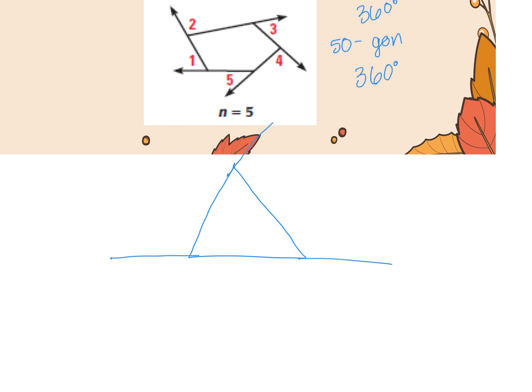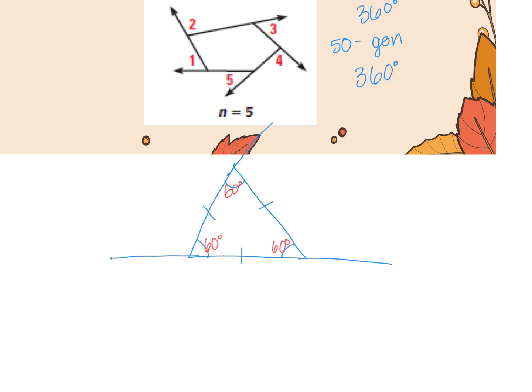Remember, this is a regular triangle, and going back, regular triangle means all my sides are congruent and all my angles are congruent. All my sides are equilateral, and all my angles are equiangular. And we already know in an equiangular triangle, all of my angles are 60 degrees.